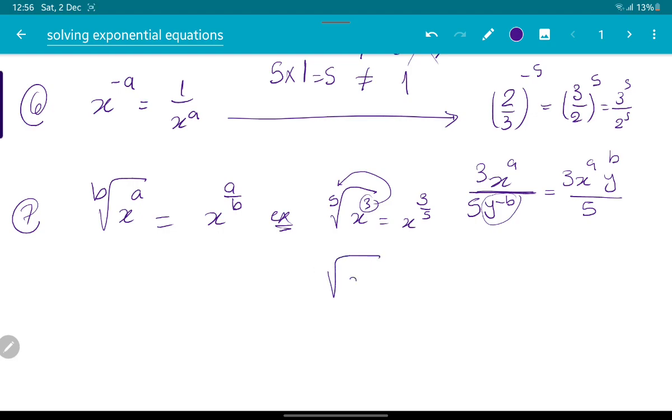If we have the fifth root... x power 2 or power 5, this will be 5 over 2, the root starts with 2, but we don't write the 2. Different example, if we have the square root of x, it means power 1 and second degree of the root, so this will be x power half.